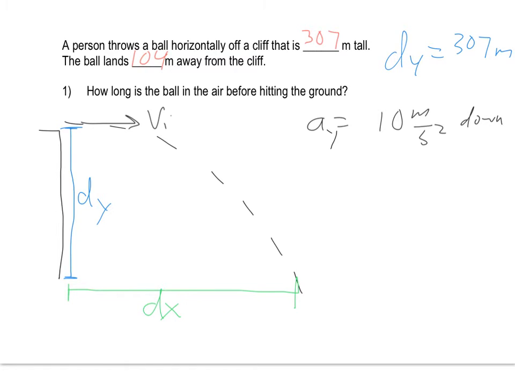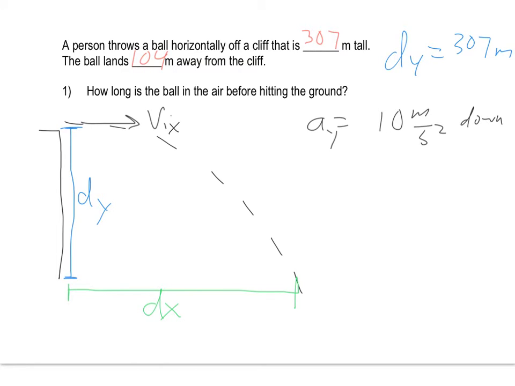So that's ay. While I'm identifying all these variables, this is a horizontally launched projectile. Horizontal, by definition, is not vertical at all. That's why we call it horizontal. So this initial velocity here, which I don't even know what it is, is an initial velocity that's horizontal. We throw it horizontally.